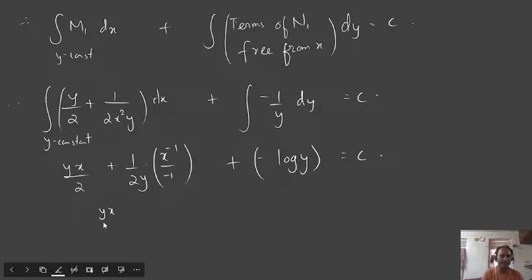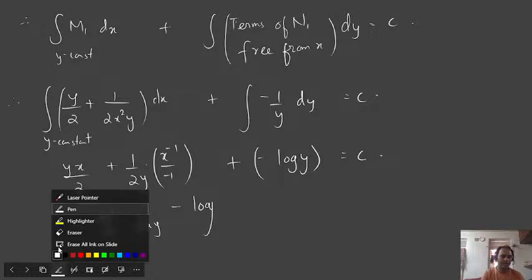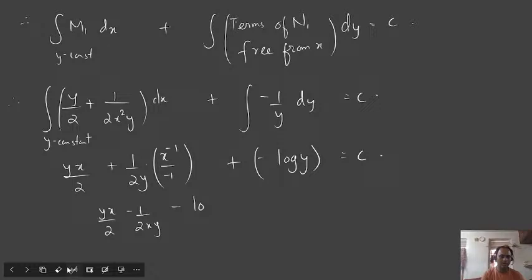So yx over 2 minus 1 over 2xy minus log y equals c. Now see, this is your answer, not a big issue. You can simplify it if you wish, otherwise you can keep it the way it is, not a big problem. It is not going to bother much in the solution either way.